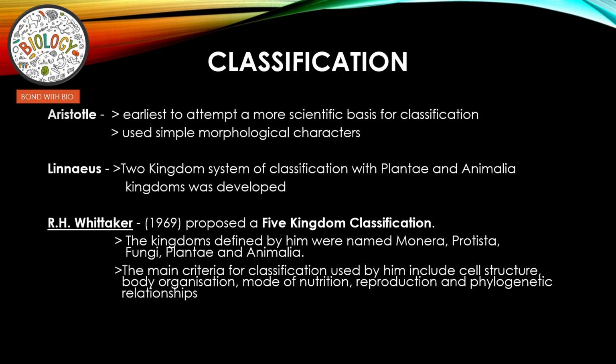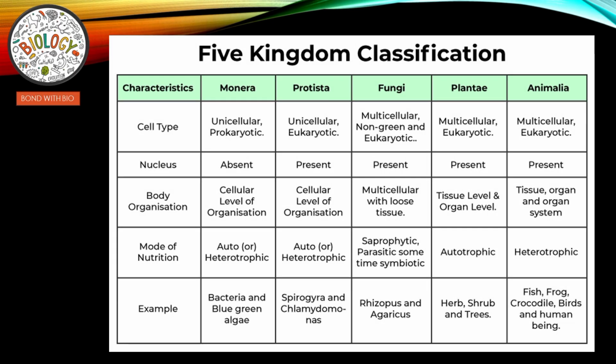The main criteria for classification used by him included cell structure, body organization, mode of nutrition, reproduction, and phylogenetic relationships. Here, in the table, we can clearly understand the differences between the various kingdoms on the basis of these certain characters. So first we see the cell type.